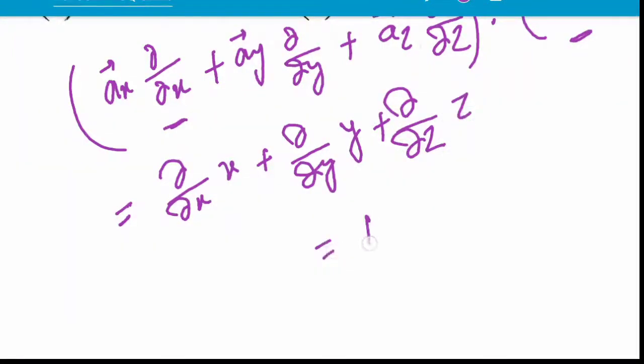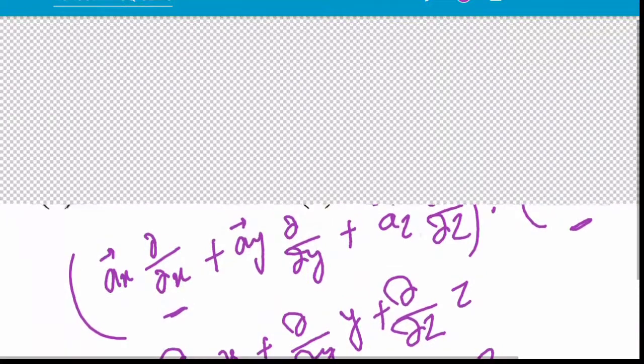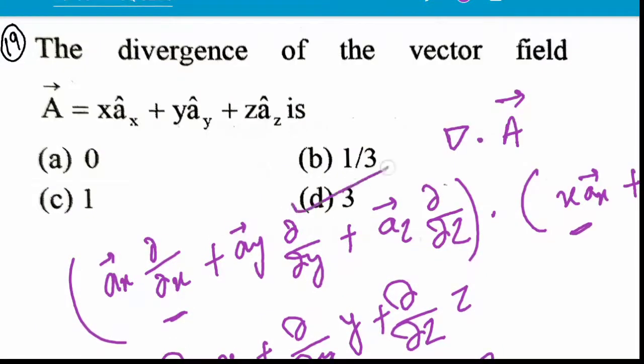This will be 1 plus 1 plus 1, which is equal to 3. So the answer will be 3, option D.